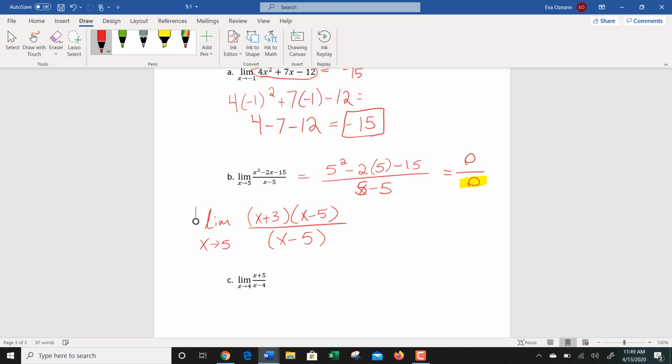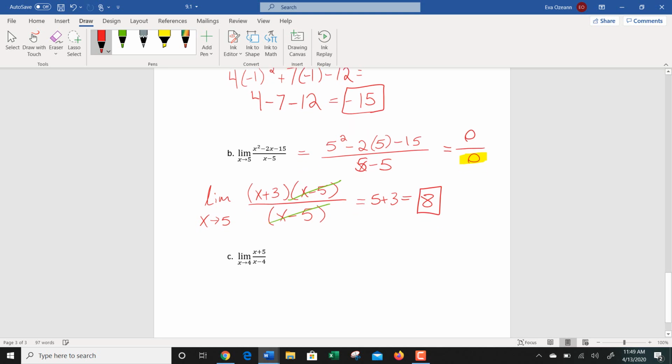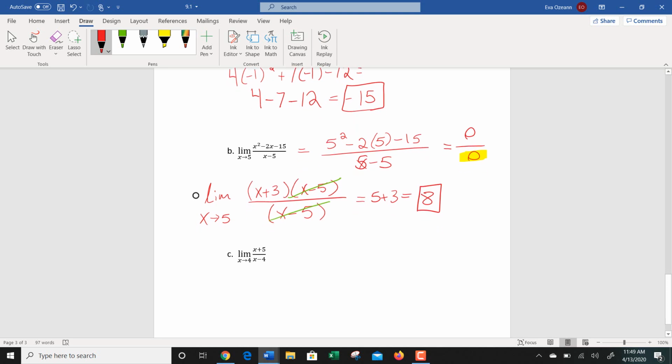All right, great. Now what I see is that these are actually going to cancel. So after those cancel, what I can do is I can just plug the 5 in. So I get 5 plus 3. Great, and that limit equals 8. Awesome. Now factoring and canceling is actually only going to work if you get 0 over 0.